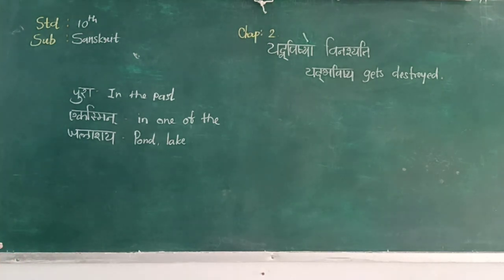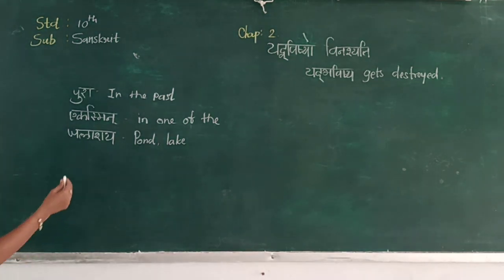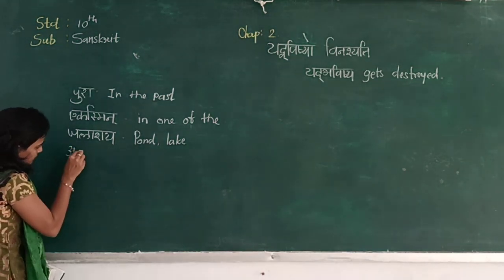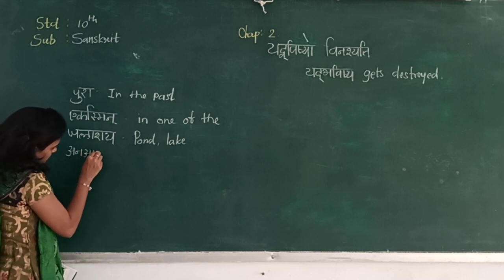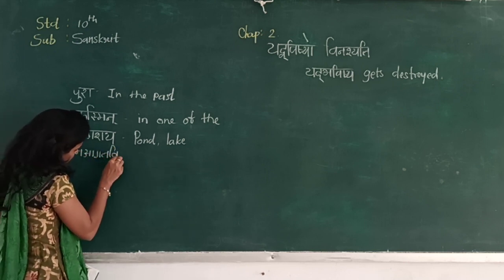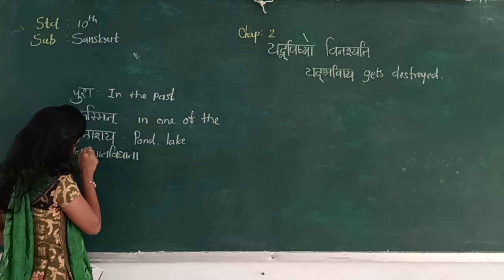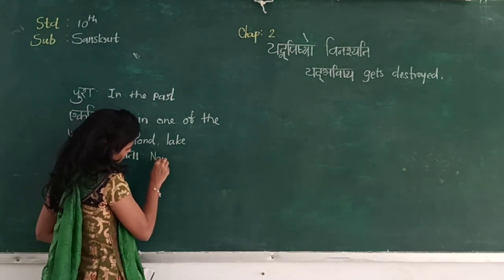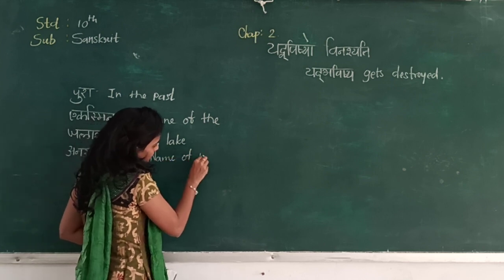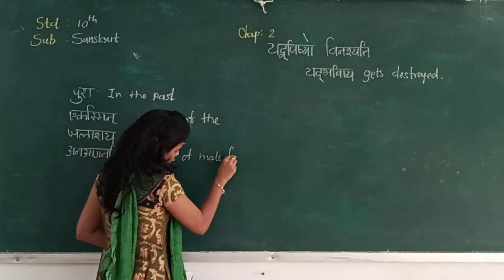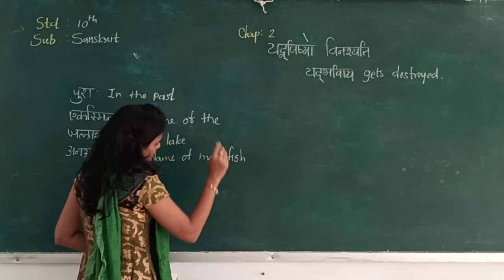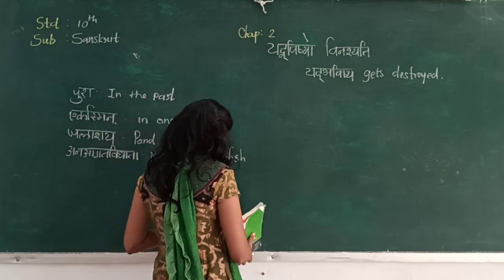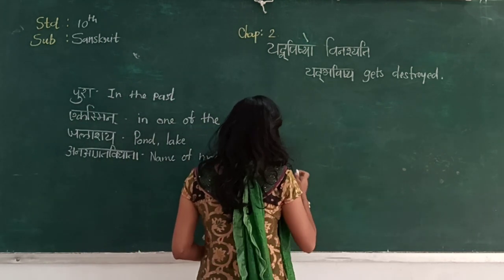Anagat Vidhata, Pratyunmati and YADBHAVISHYA: this is the name of a male fish.